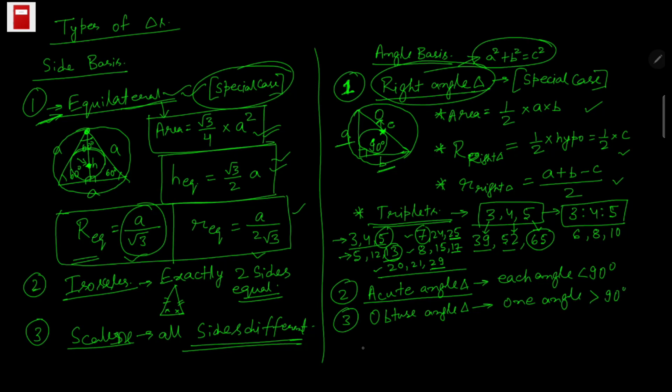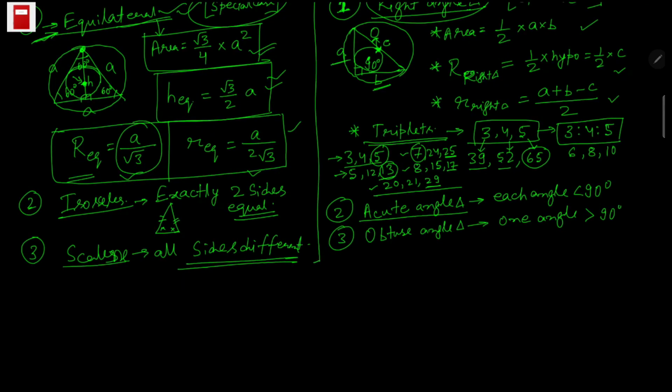Now if there is a triangle ABC, I'll simply put it like this. If a square plus b square is equal to c square, then what does it mean? Here I want to point out something really important about a triangle.